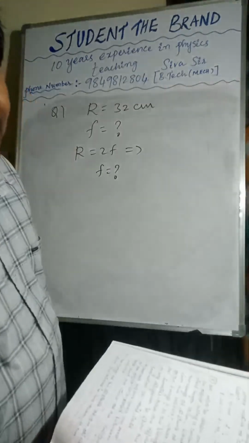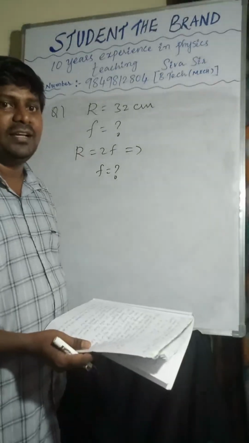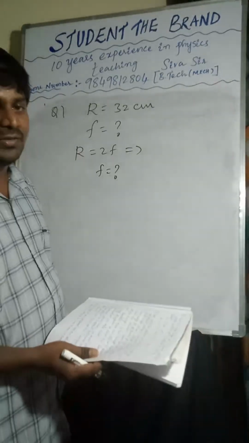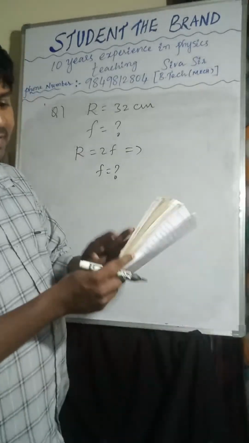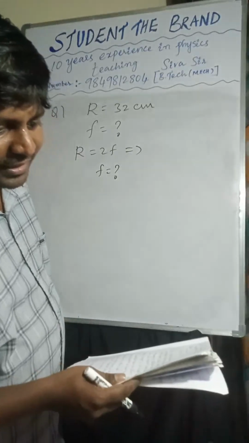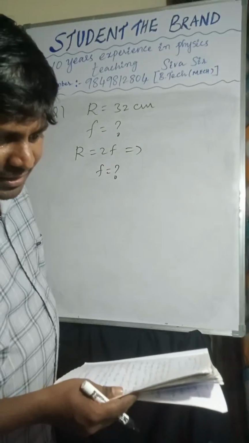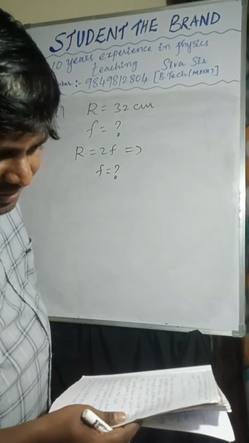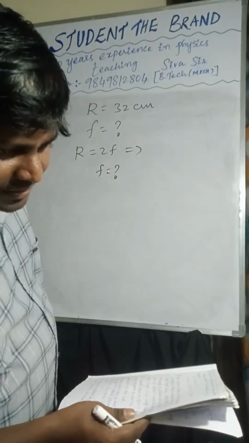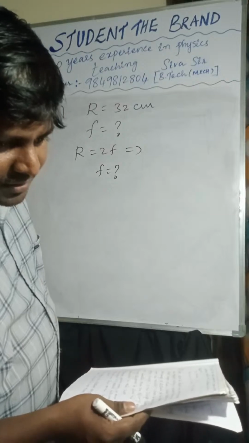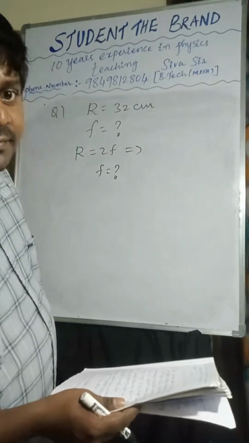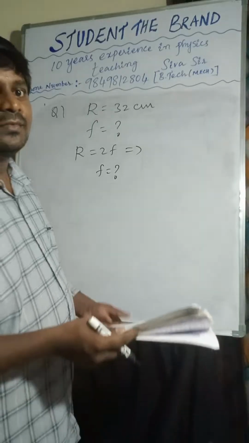Answer is 16. Very good. Dhanush, very good. Big round of applause. Dhanush, creative. Okay, done.